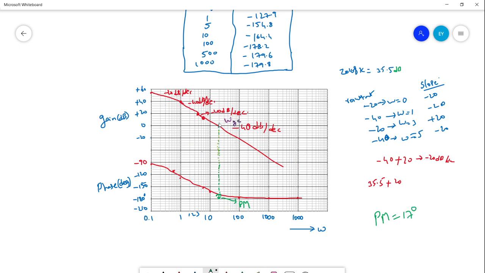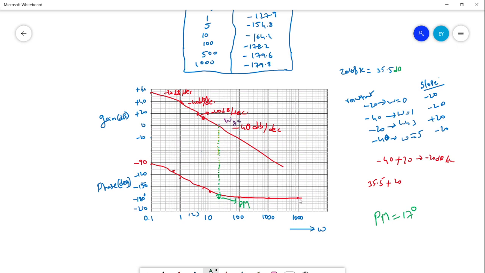Once we find out the phase margin from the gain crossover frequency, next we need to find the gain margin from the phase crossover frequency. Phase crossover frequency is the frequency at which the phase plot intersects minus 180 degrees. Is this phase plot intersecting minus 180 degrees here? No, because at 1000 radians per second, the phase angle we got is minus 179.8.